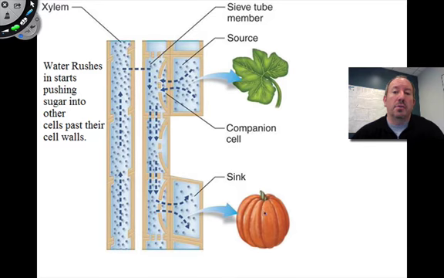I'll look at the detail of this in a moment, but the mechanism is that water from the xylem comes over and sort of pushes it down that way. So it's under a positive pressure. That's what's moving phloem sap. Translocation is positive pressure.